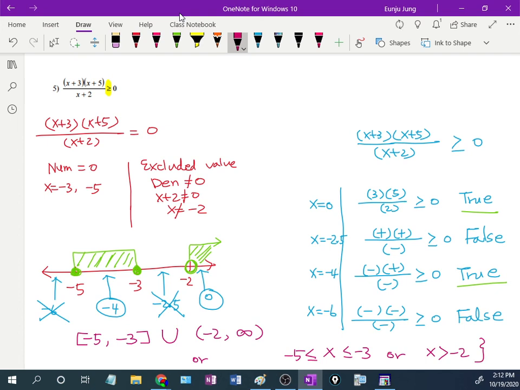And you can put curly braces and then put x as a variable, the element satisfying this condition, and that's how we write the set builder notation for the solution set.